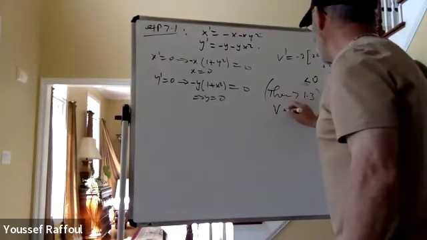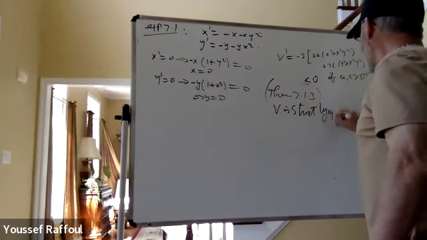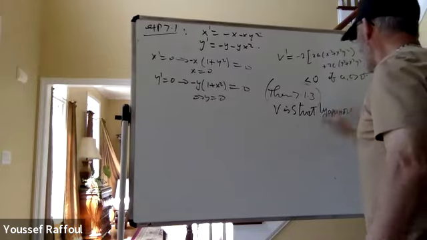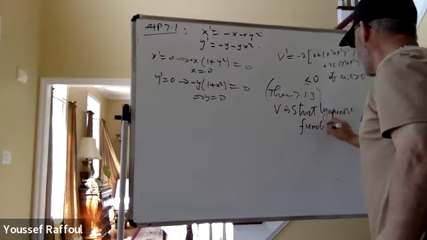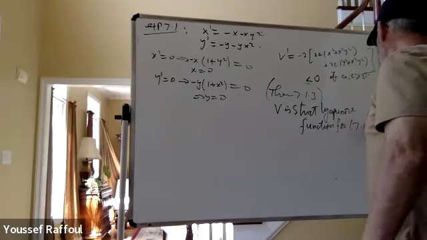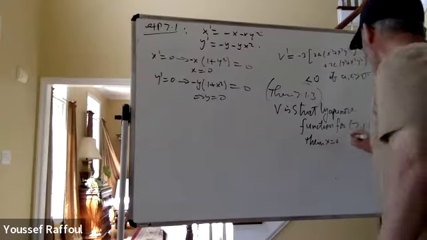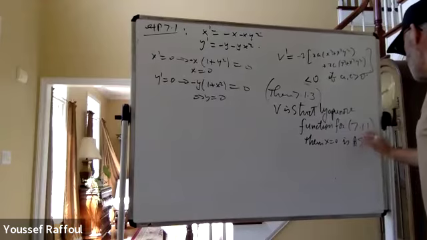If V is a strict Lyapunov function for 7.1.1, then x equals 0 is asymptotically stable.